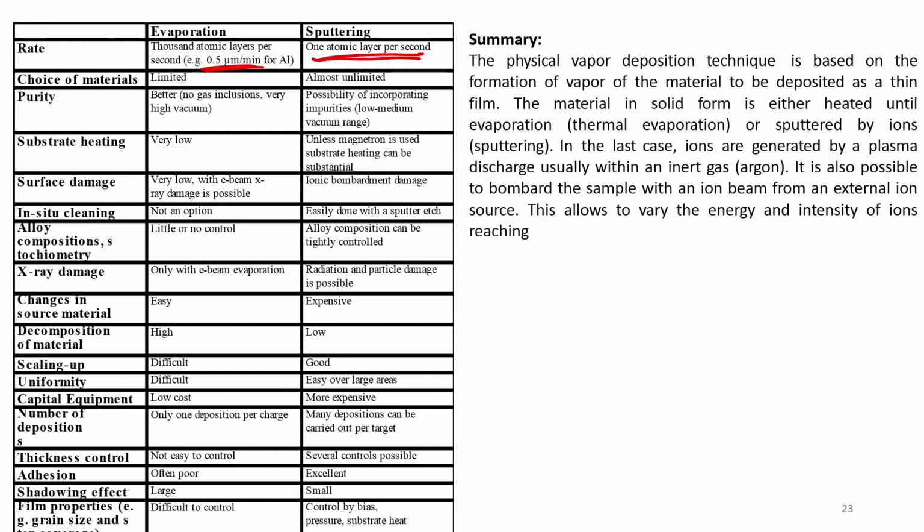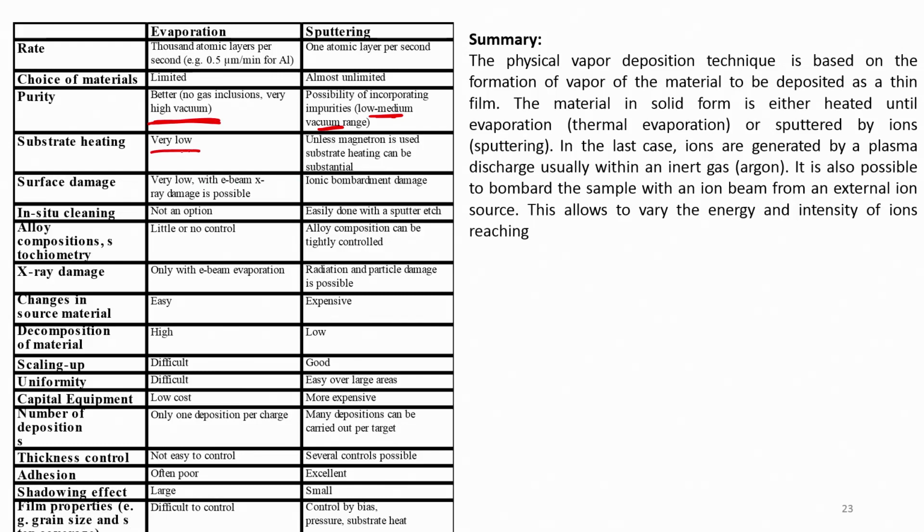The choice of material in case of evaporation is limited, while in case of sputtering it is almost unlimited. Purity is better here because no gas inclusions, very high vacuum, while possibility of incorporating impurities because of low or medium vacuum range, that is a disadvantage here of sputtering.